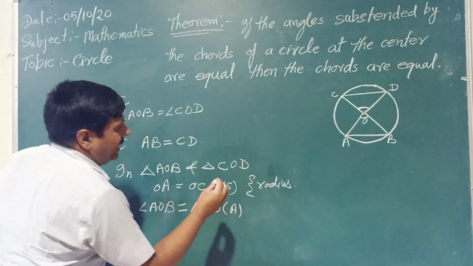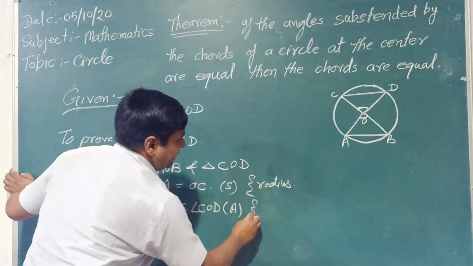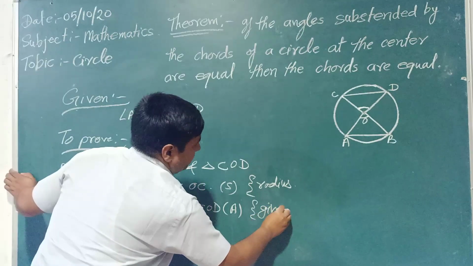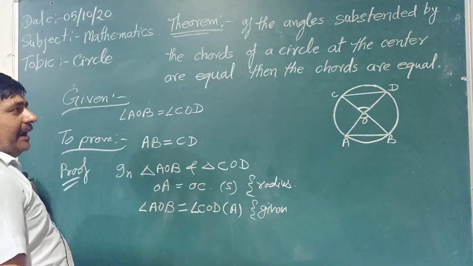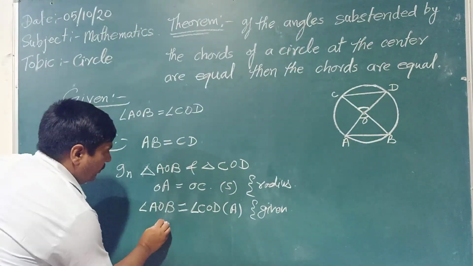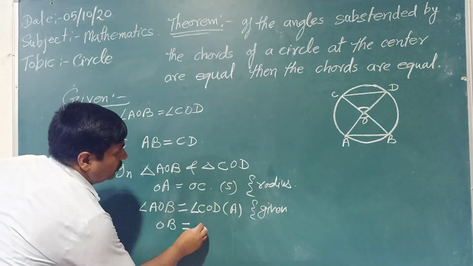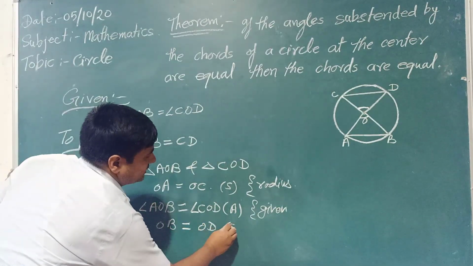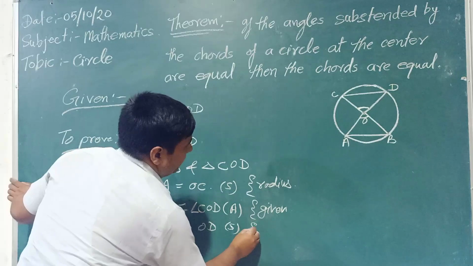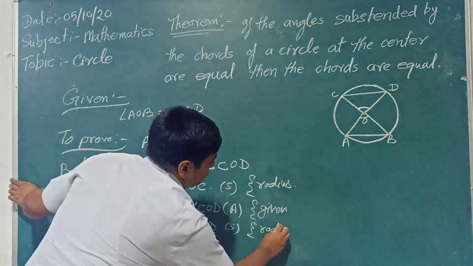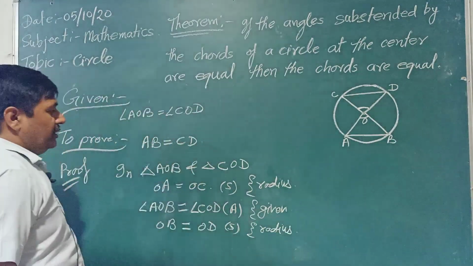This is an angle because it is given. Okay, and OB is equal to OD. This is the side and it is also a radius.